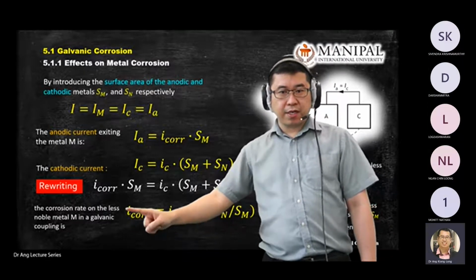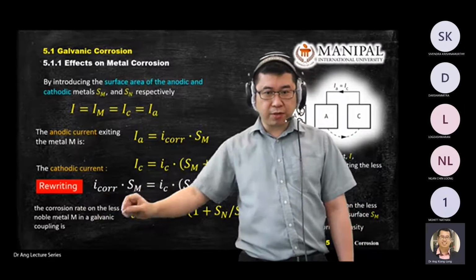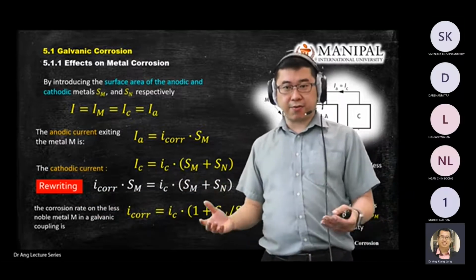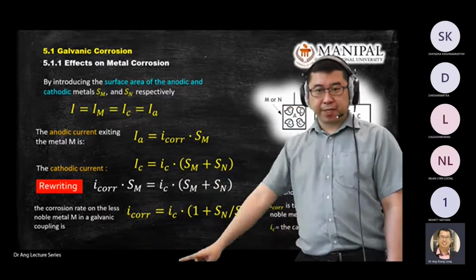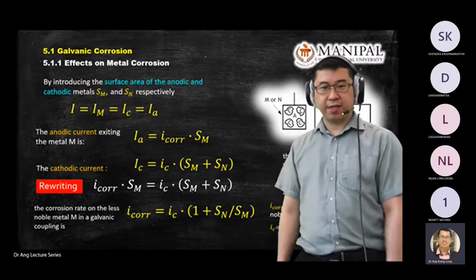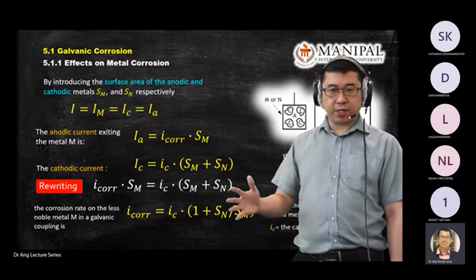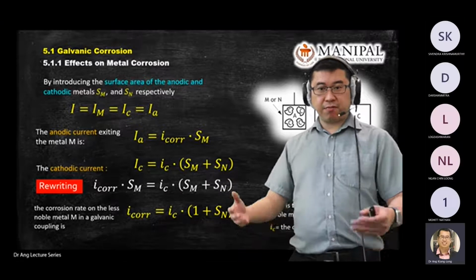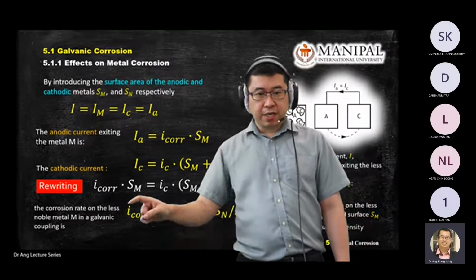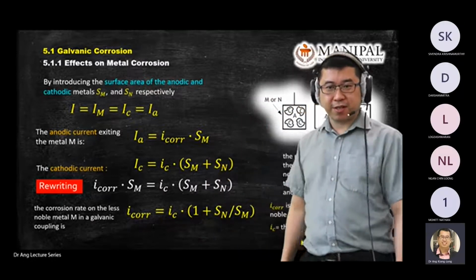This is used to calculate the corrosion rate of the less noble metal in the galvanic coupling, or in the galvanic cell. Okay, this is how you do the calculation later. Once you understand this equation, if you are given some constants, you should be able to calculate the corrosion rate of that galvanic process.